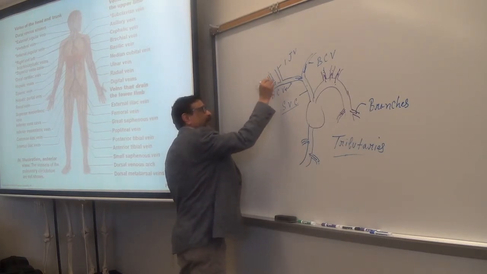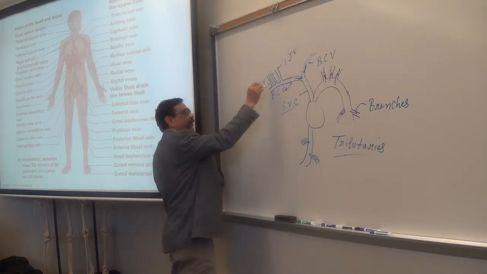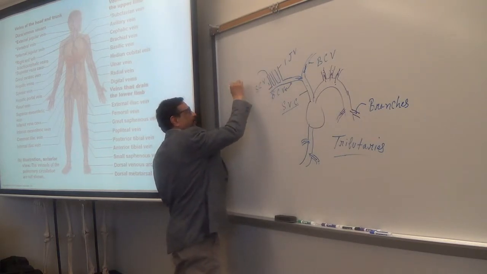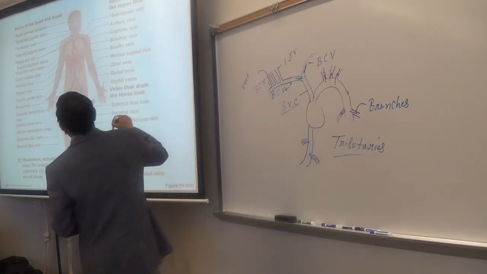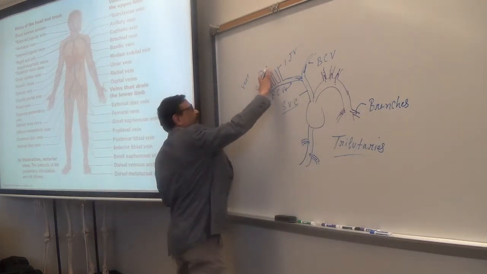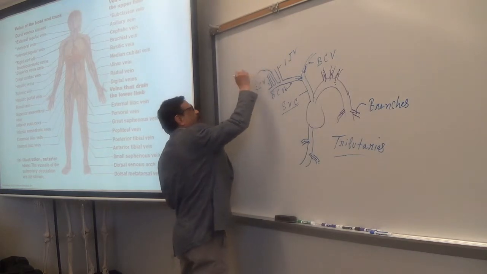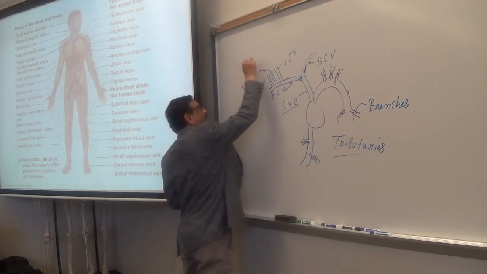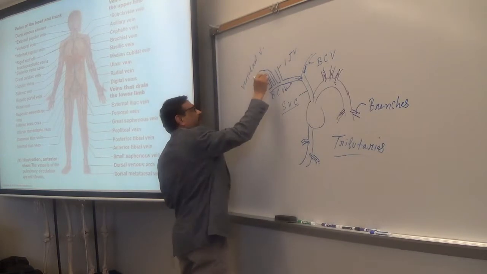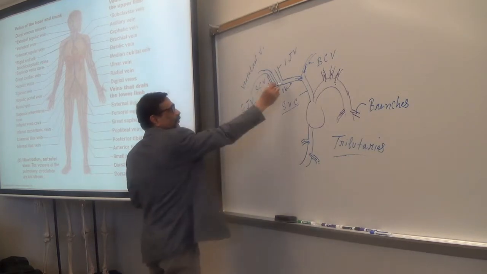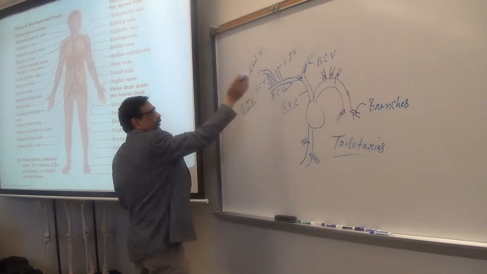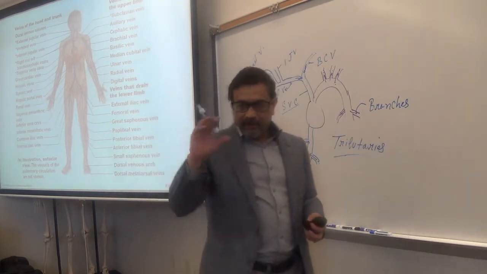One is external jugular, another is vertebral. So vertebral is this one, vertebral vein, and this is the external jugular vein. Okay, so this is how the venous system in this part works.